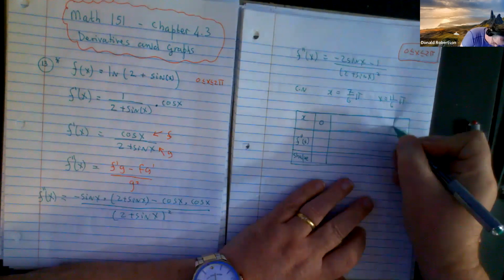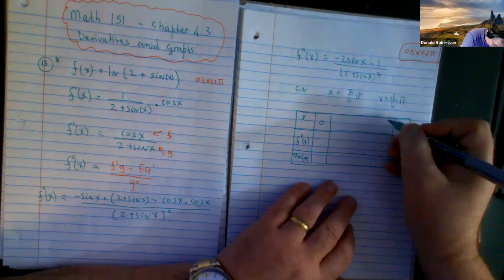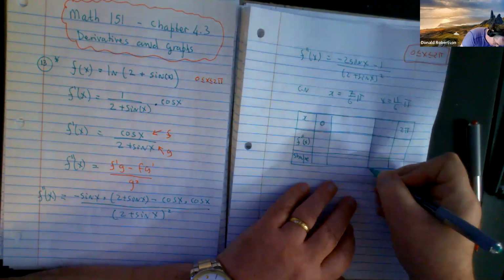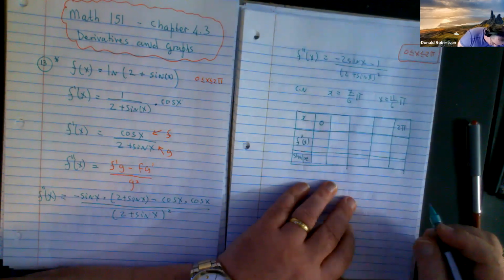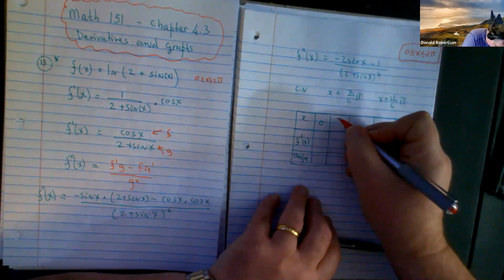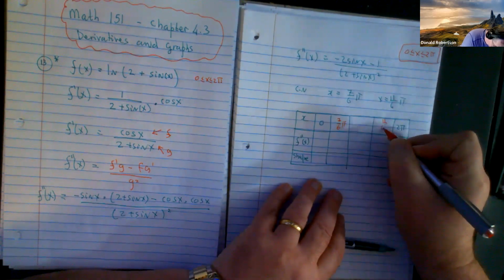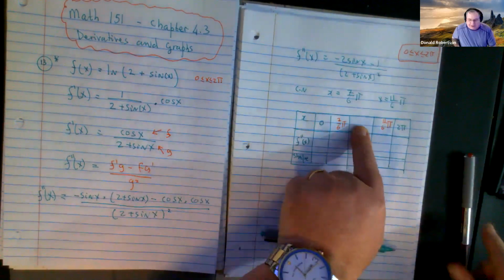And it finishes at 2 pi, so I'm going to make sure there's a 2 pi. And I'm going to go 7/6 pi, 11/6 pi, and I'm going to leave a space in the middle then.